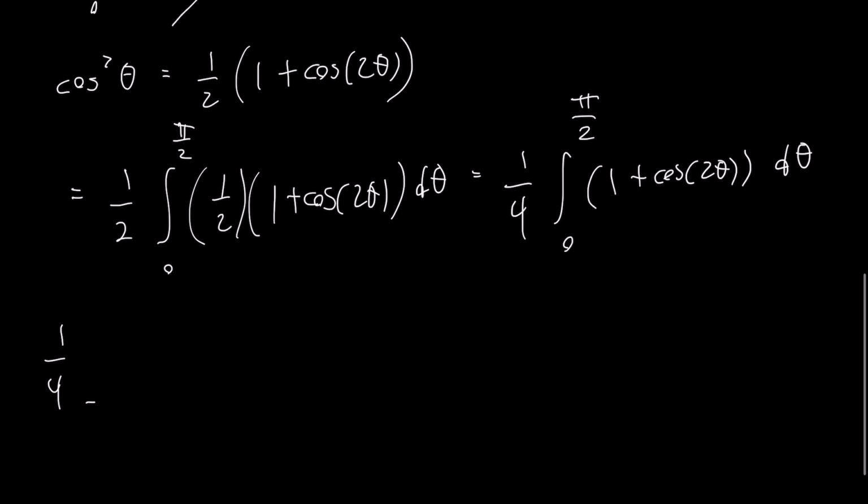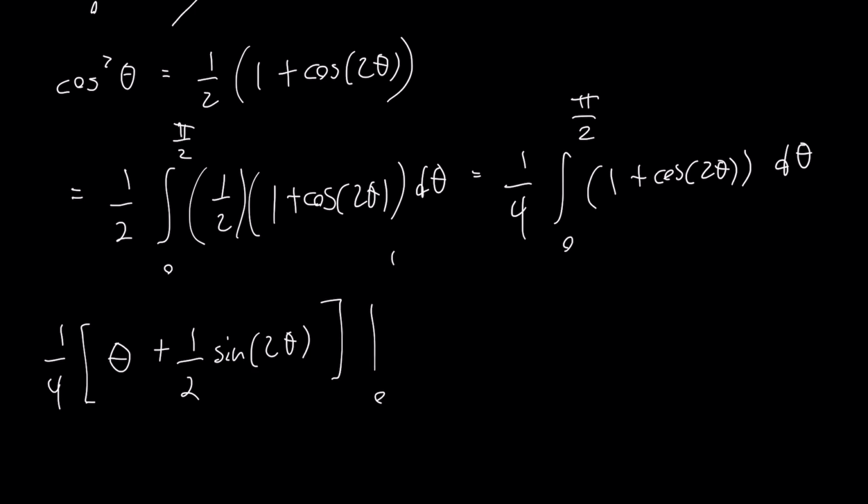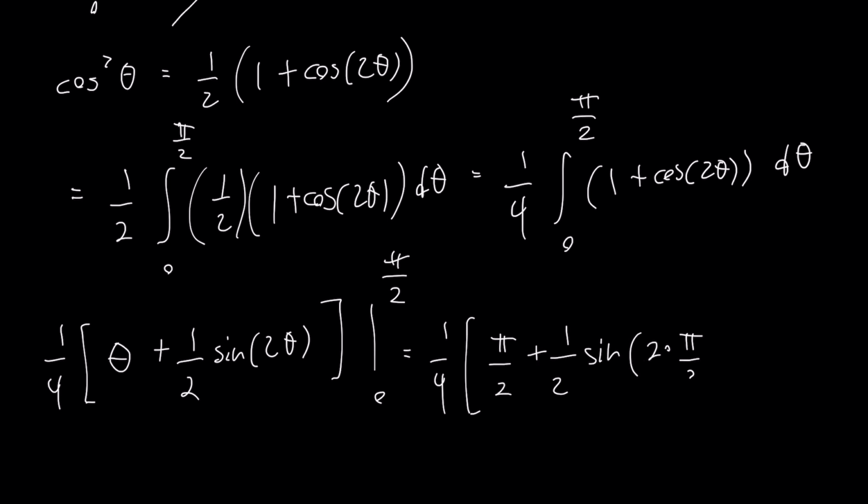And this integral will be theta plus 1/2 sine 2 theta, evaluated at the endpoints 0 to pi over 2. So this will be 1/4 times (pi over 2 plus 1/2 sine of 2 times pi over 2). So this is the F of b term minus F of a.